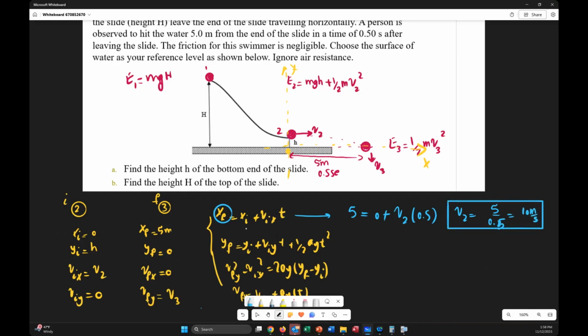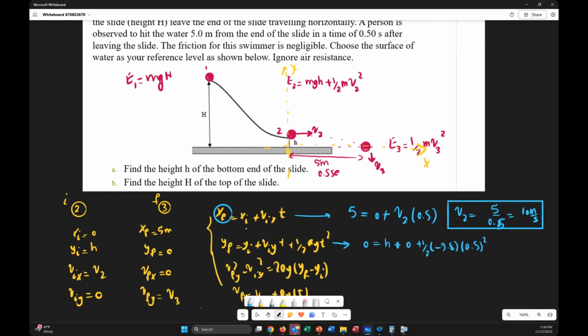How about this one? What can I get from this one? I think I can get h. What is the yf? 0. What is the yi? h plus viy, which is 0, plus 1 over 2 times the acceleration, negative 9.8, times how many seconds later it hit the ground, 0.5 seconds.